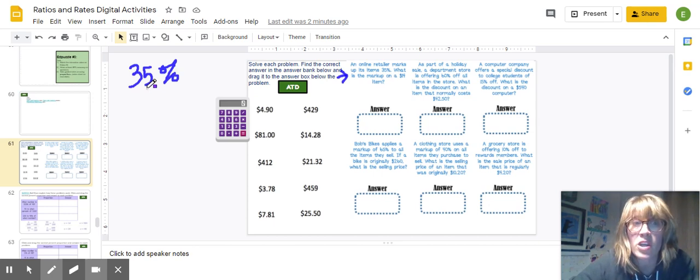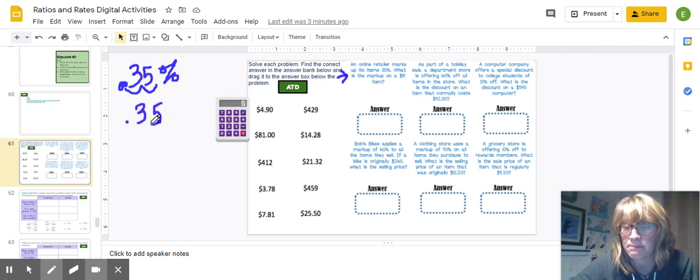Okay. So if we know that the markup is 35%, what we can do is undo the percentage and turn it into a decimal. Okay. Divide by 10, divide by 100. Our decimal moves here. So we have 0.35 being the same thing as 35%.